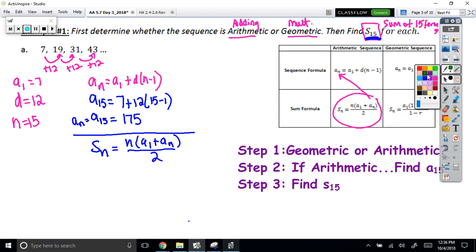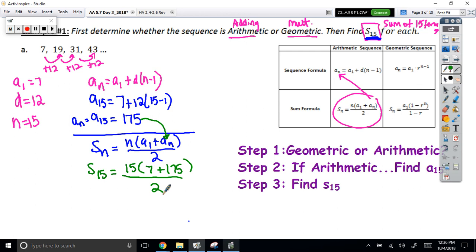So n we already identified over here is 15. The first term we said is 7. Again, a sub n is what we just worked to find, 175, so we plug that in for a sub n, a sub 15, which is 175, and then all divided by 2.